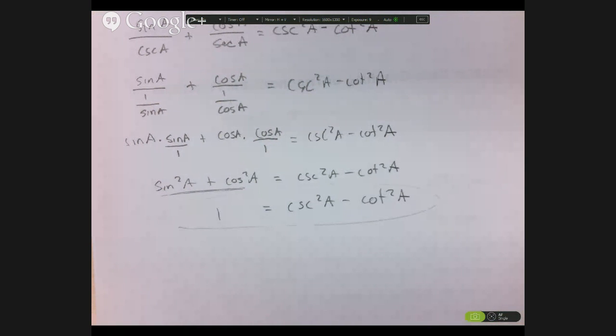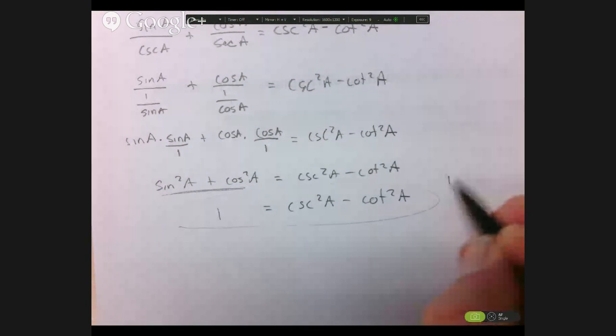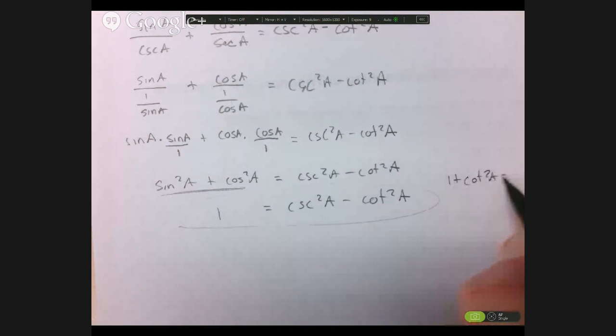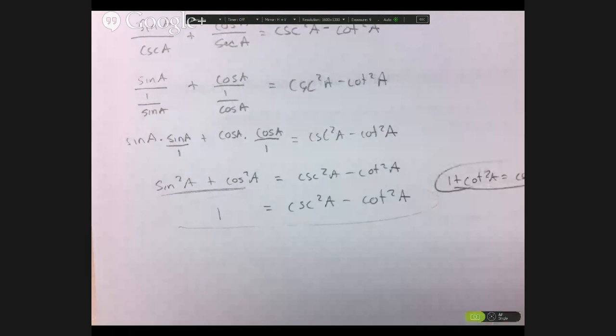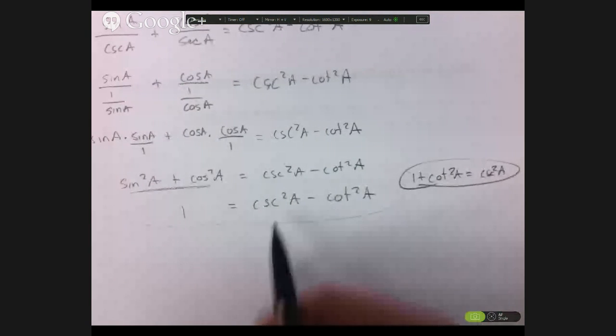Is there an identity involving cosecant squared or cotangent squared? Yes. Pythagorean identity. Okay, what is it? 1 plus cotangent squared theta equals cosecant squared theta. Okay, so we have 1 plus cotangent squared equals cosecant squared identity. So I'm going to substitute that in here.